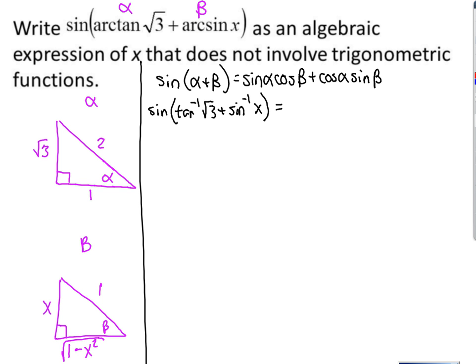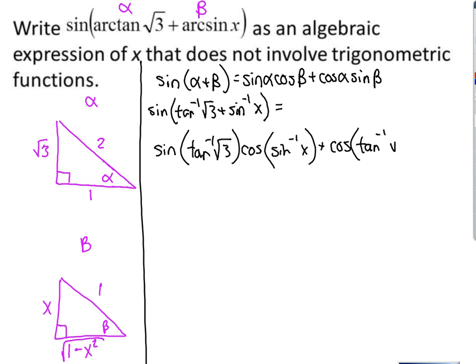So if we plug in our values, this is going to give us the sine of the tangent inverse of radical 3 times the cosine of the sine inverse of x plus the cosine of the tangent inverse of radical 3 times the sine of the sine inverse of x. Now the stuff in the parentheses is just telling us which triangle we're looking at.